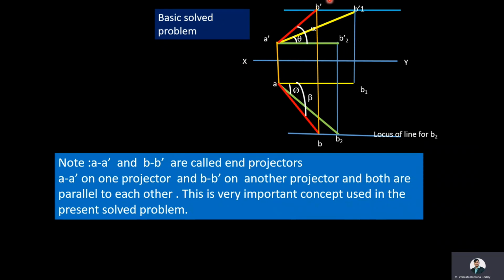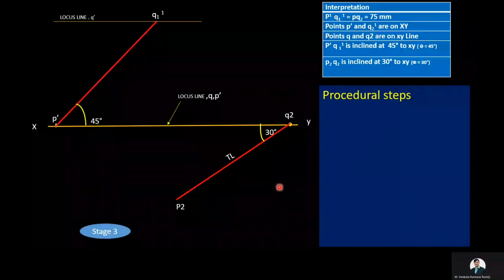Another end of the line, say B: its front view B dash and its top view B fall on the same projector. And then B and B2 are on the same locus line, B dash and B1 dash on the same locus line. These points are very important and we are going to use these concepts in the present solved problem.